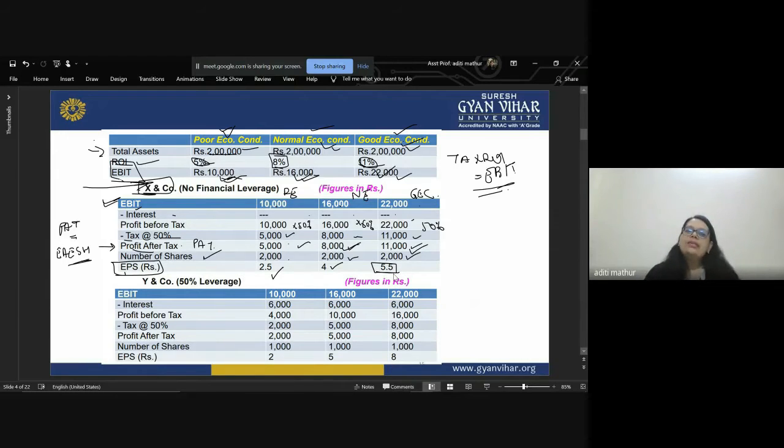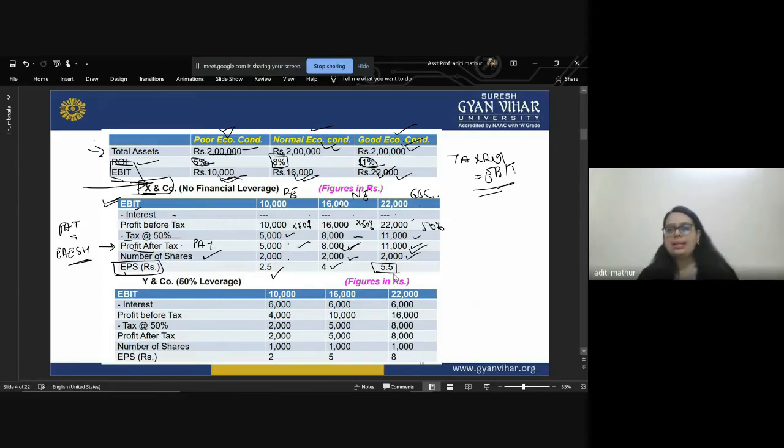So we can see for the X and company, where there was no leverage in our capital structure, the company is earning an EPS of 2.5, 4 and 5.5 when the economic condition is poor, normal and good. So we just have to simply understand what elements are given in the question, what are the missing ones, and what we have to calculate.